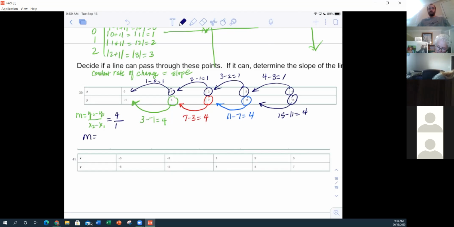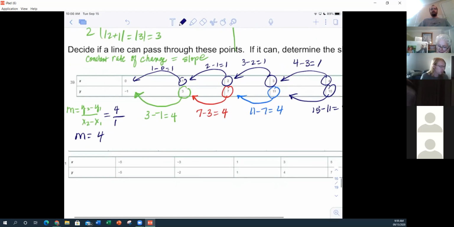And this one is really nice. And I think probably most of the ones we give you will be semi-nice like this. What's the y-intercept of this line? 0, -1. Yeah. So our b is 0, -1.